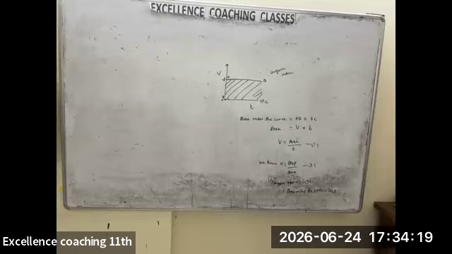Write down: speed is total distance covered per unit time.